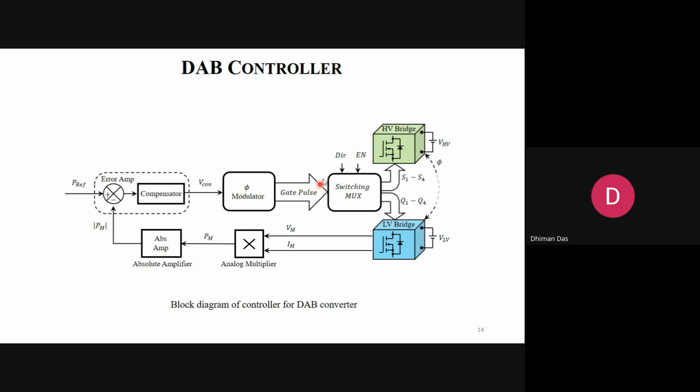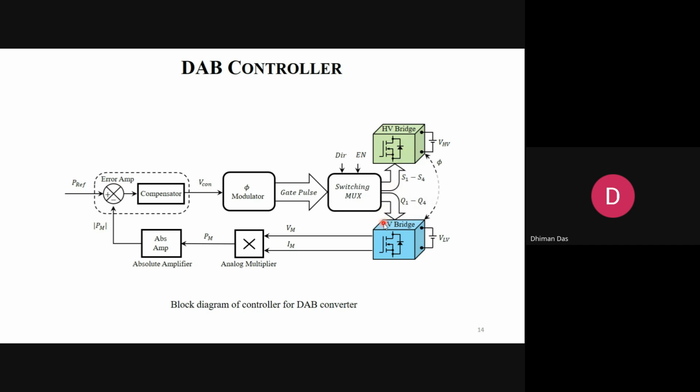That phase shift, if you translate it into a gate signal, and you pass this gate signal through a switching multiplexer, then with that gate signal you can trigger either S1 to S4 or Q1 to Q4. Now when you change the direction, S1 becomes Q1 and Q1 becomes S1.